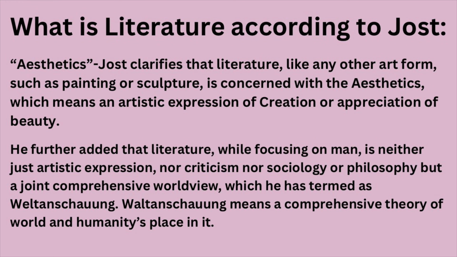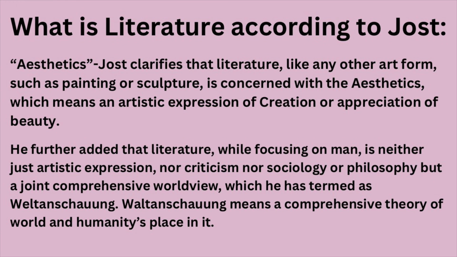According to Jost, he has explained literature in terms of, first of all, aesthetics. Jost clarifies that literature, like any other art form such as painting or sculpture, is concerned with the aesthetics, which means an artistic expression of creation or appreciation of beauty.